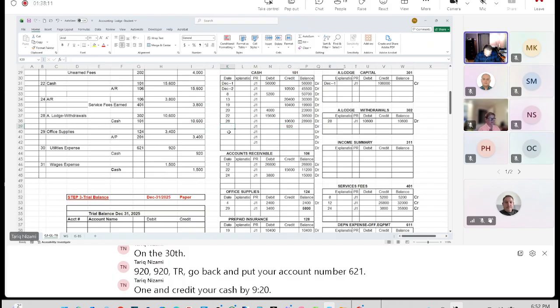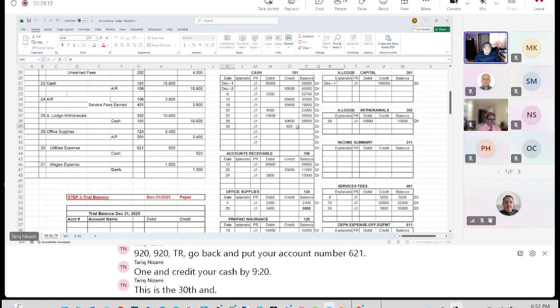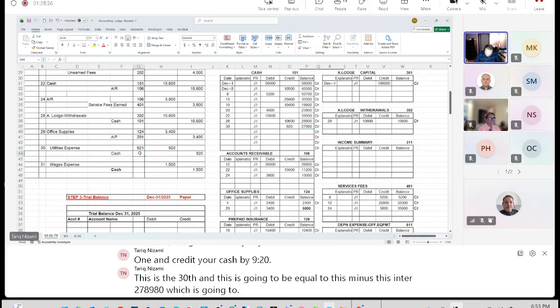This is the 30th, and this is going to be equal to this minus this, enter, 278,980, which is going to be 101.